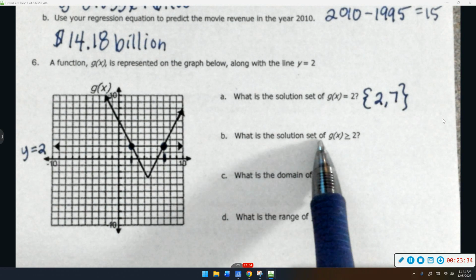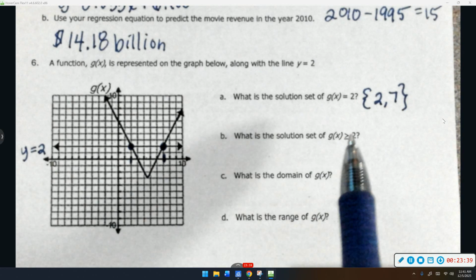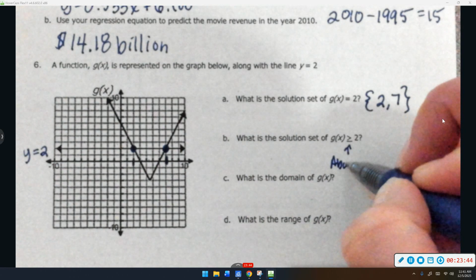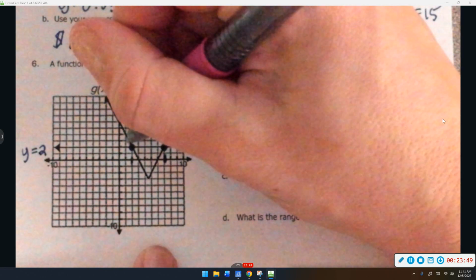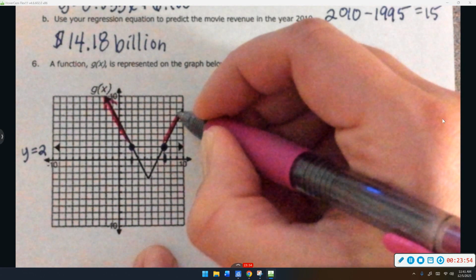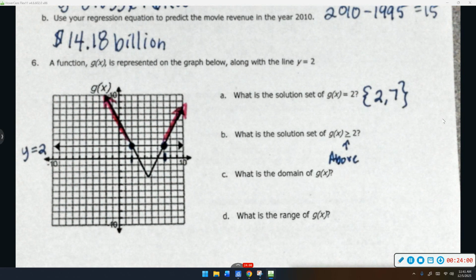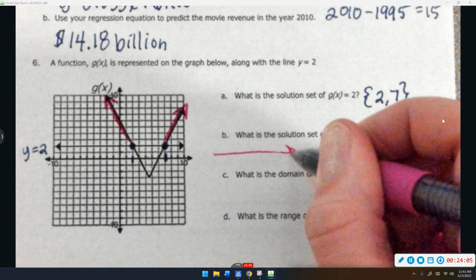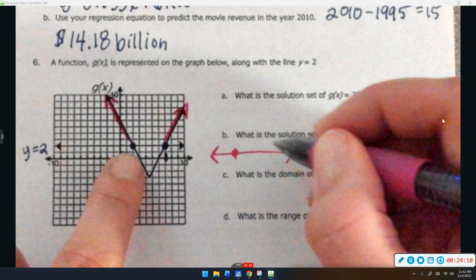What is the solution set of g of x is greater than or equal to 2? So what I want to know is where is this function above the line. So our function is above the line here, right? And here. But for my answer, it's only the x's. So if I translate this to a horizontal number line, it looks like this, right?